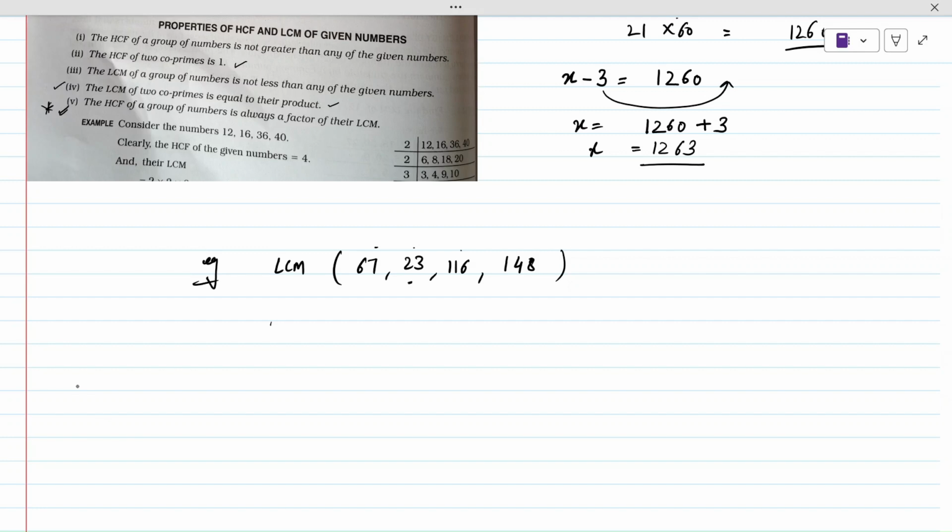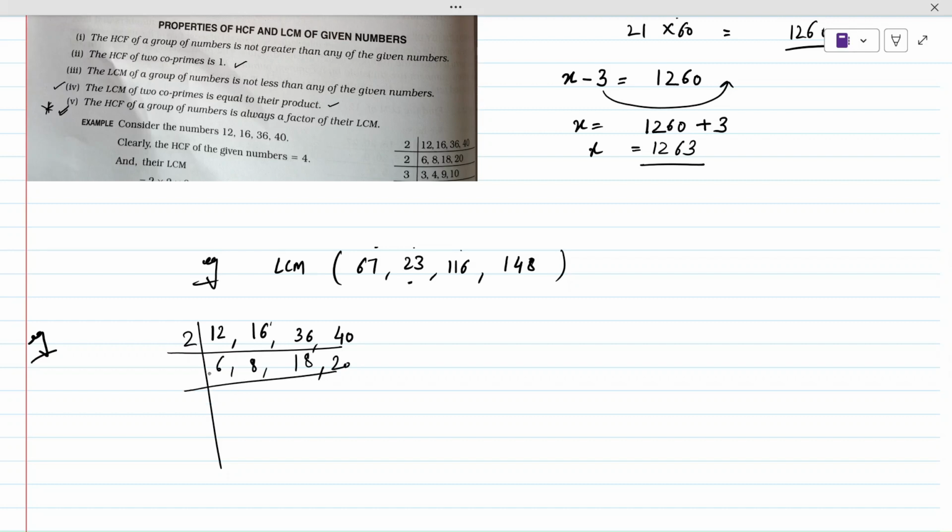I'll explain this using an example. We have 12, 16, 36 and 40, and let us first find their LCM. I'll start with 2 because all are even numbers. This is 2 into 6, 8, 18 and 20.